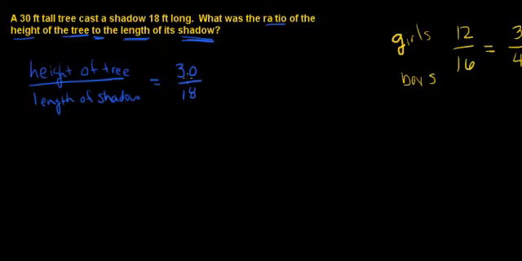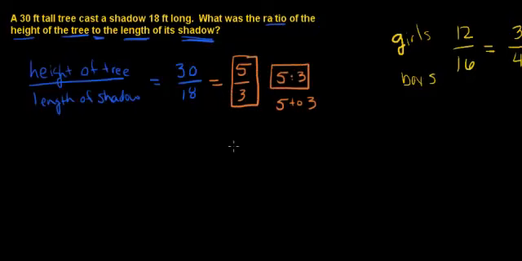So here's our ratio. Now we can reduce that down, divide both of them by 6, and we get 5/3. Now I can also express that as 5 to 3, or I could keep going on. But most commonly you're going to see these ratios expressed as either the fraction or most typically with the colon.